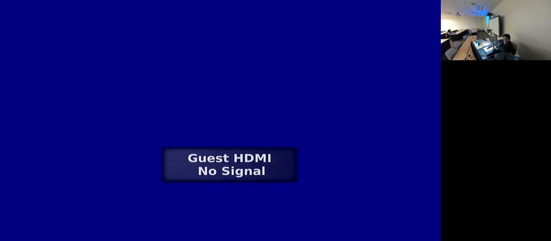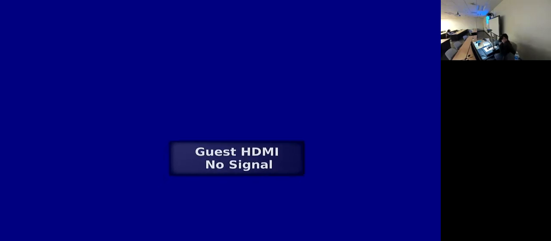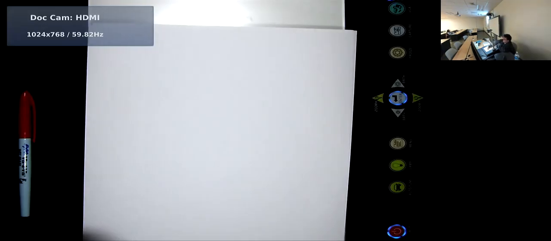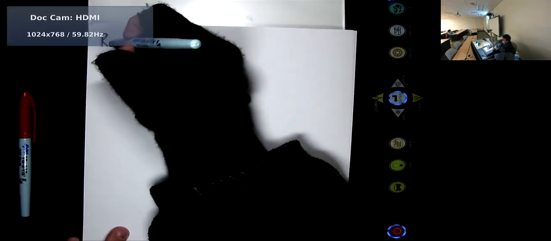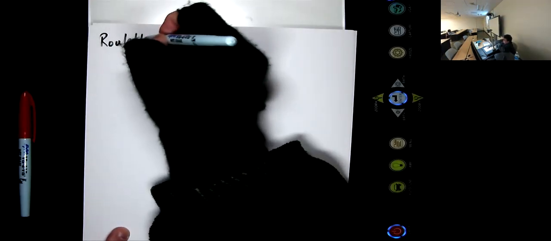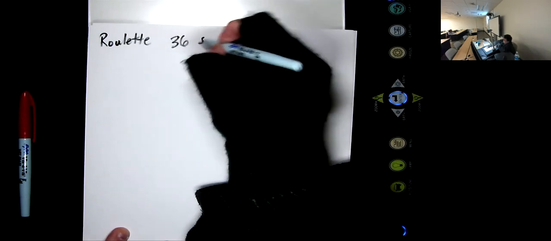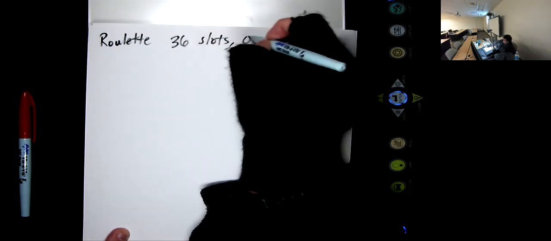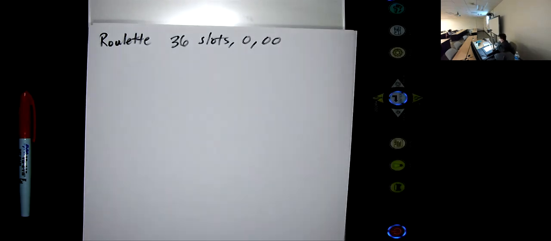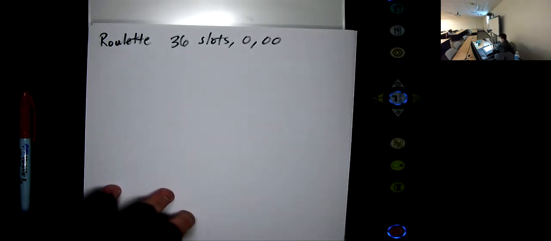Let's take a look at one of the bets. So we've got a roulette wheel. It's got 36 slots and then 0 and double 0, which means there are 38 numbers total.